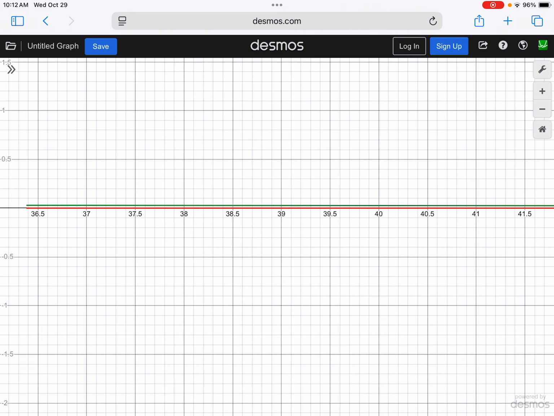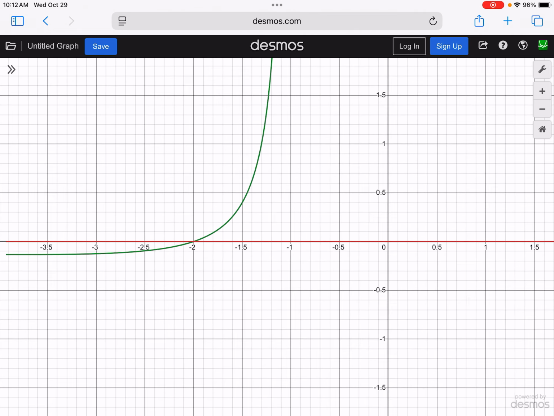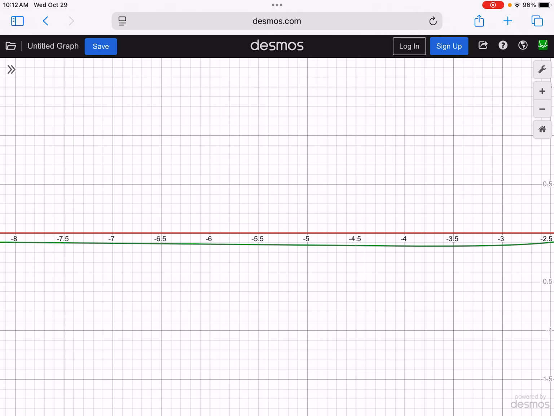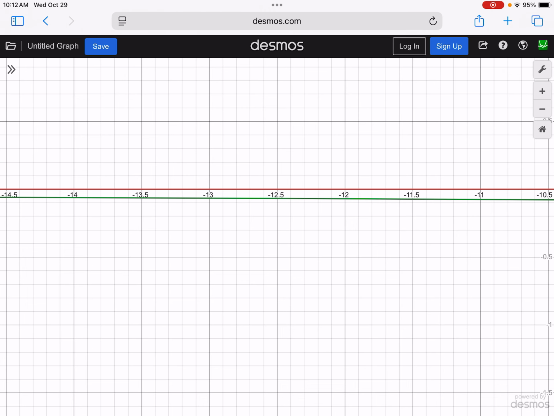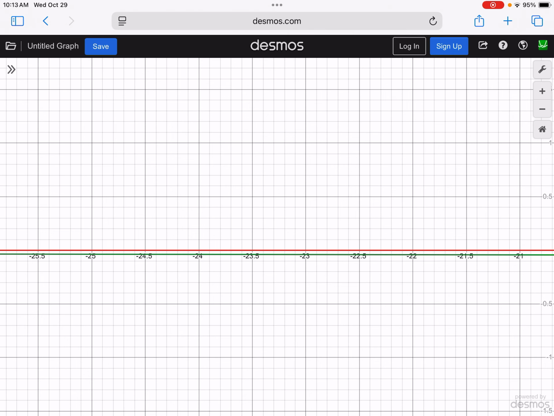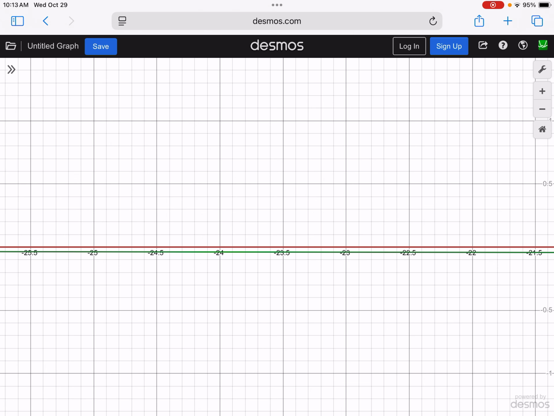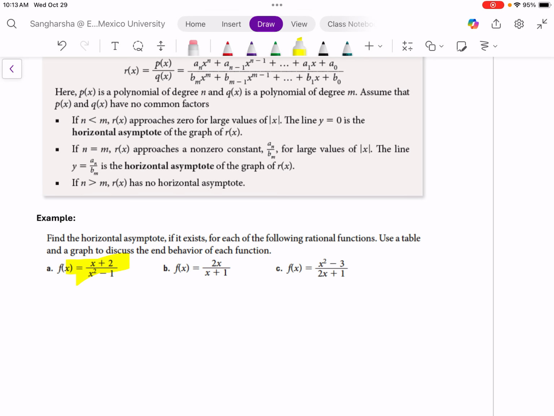In a similar way on the left side, green is the graph for the function and red is y equals 0. Our x goes to negative infinity. These two never cross. They are very close to each other, but they never cross each other. So finding a horizontal asymptote means we are finding a horizontal line.